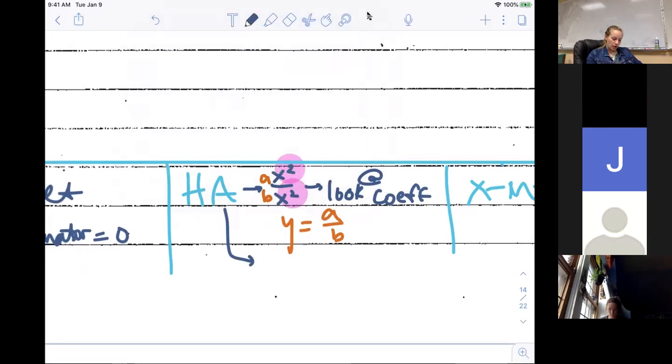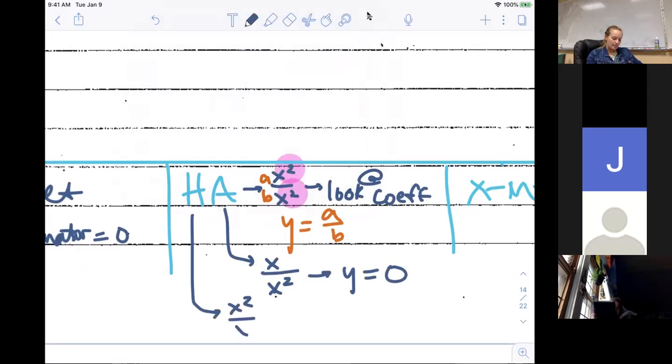There are 2 more though. If my exponent on top is smaller than the one on bottom, like an exponent of 1 over an exponent of 2, then that's just y equals 0 every time. And then the last option is if the exponent on top is bigger than the one on bottom, that's when we need to divide.